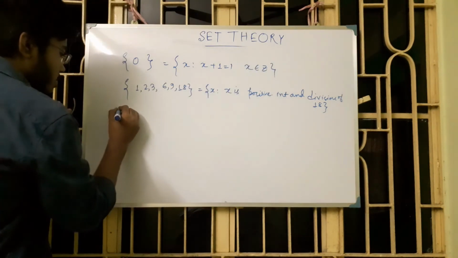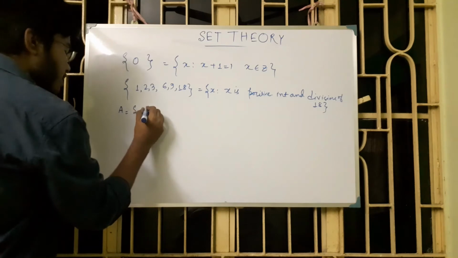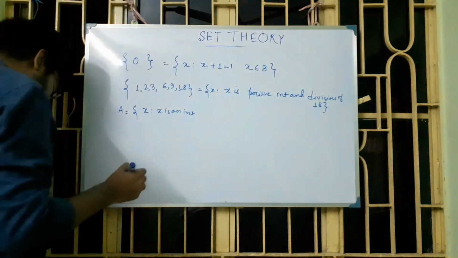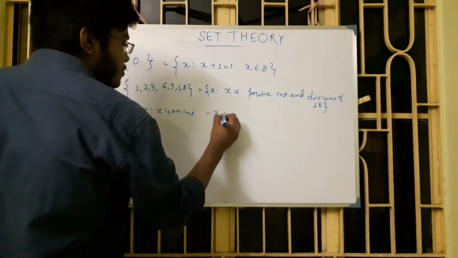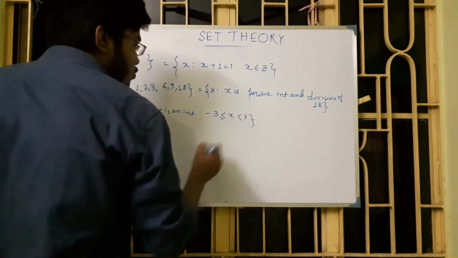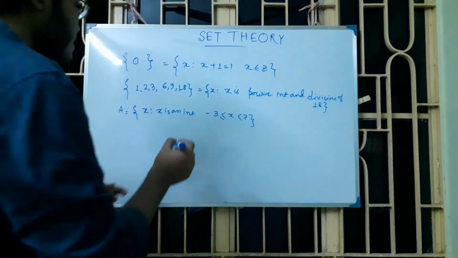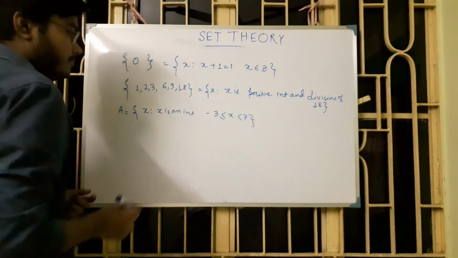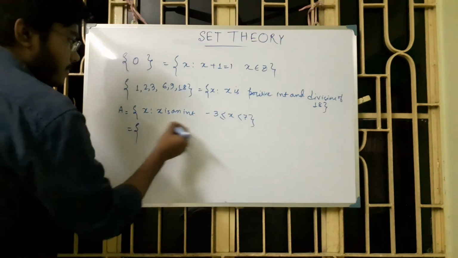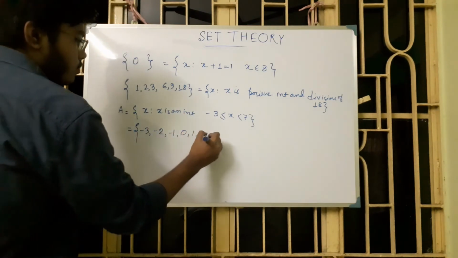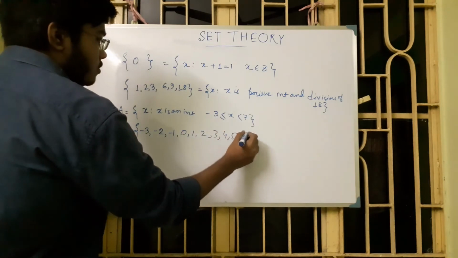There is a question. A is x, x is an integer and -3 less than x less than 7. So x starts from -3 and x is less than 7 and x is an integer. So -3, -2, -1, 0, 1, 2, 3, 4, 5, 6, not 7.